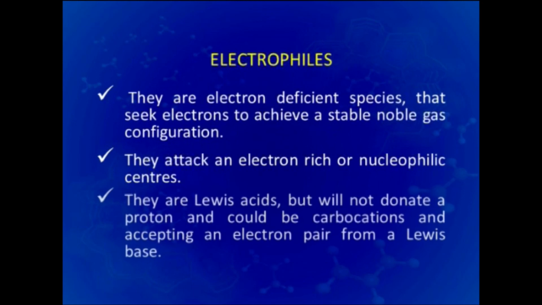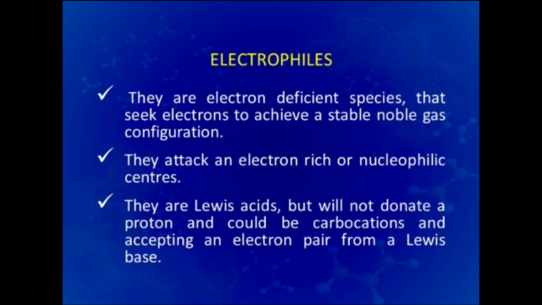Because they are electron loving, they are Lewis acids, but will not donate a proton and could be carbocations, accepting an electron pair from a Lewis base. This sounds a little complex, but all of these terms are interrelated, as we shall see when we are trying to compare a nucleophile with an electrophile, or a nucleophile with a Lewis base, or an electrophile with a Lewis acid, or vice versa.